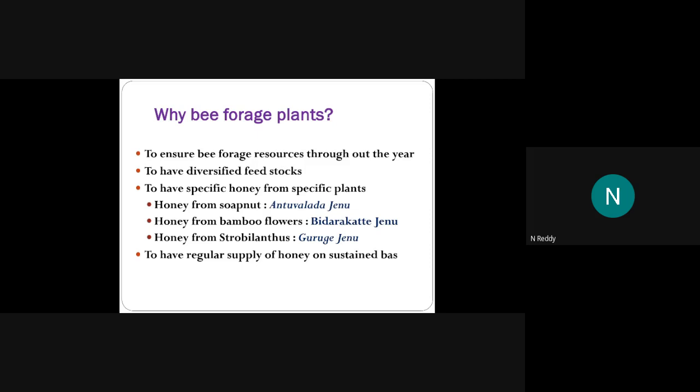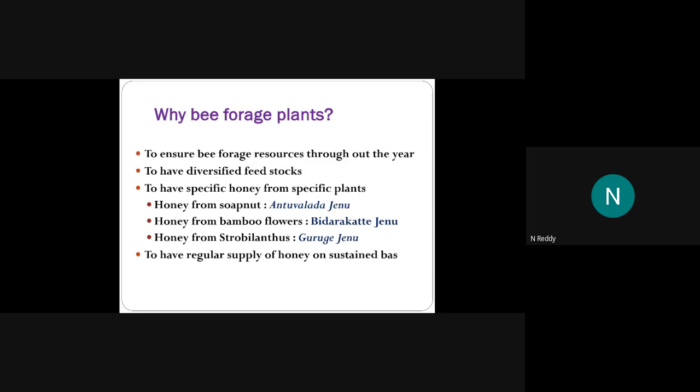And different bee forage plants which produce high nectar, that is a soapnut plant, and bamboo flowers, Strobilanthes. These are very common plants in Western Ghats of South India. Even in Eastern Ghats, that is in Ooty region, these plants are very common.